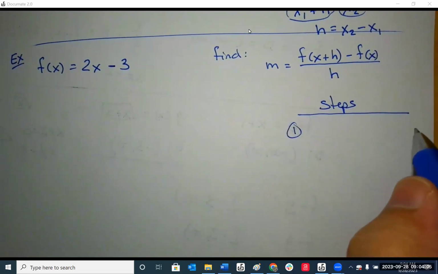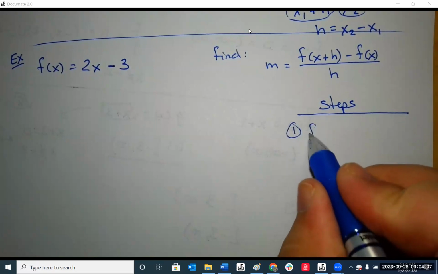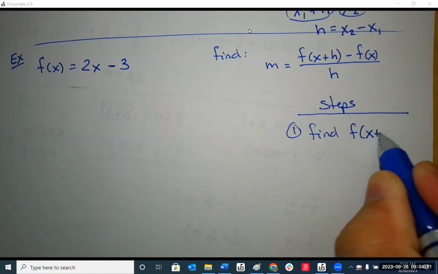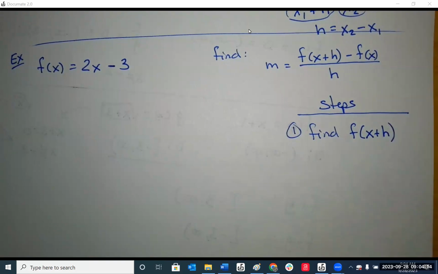The first thing you have to do is find f of x plus h. How do you do that?